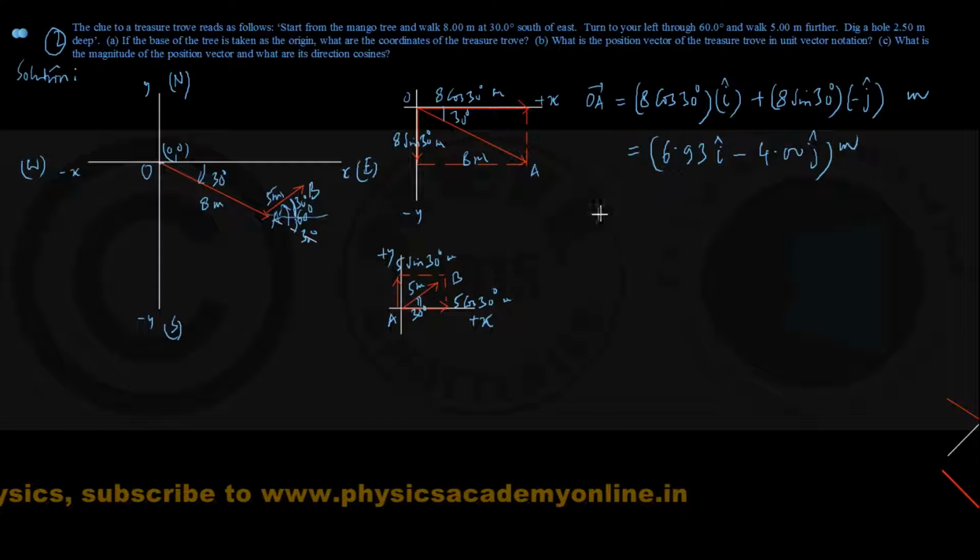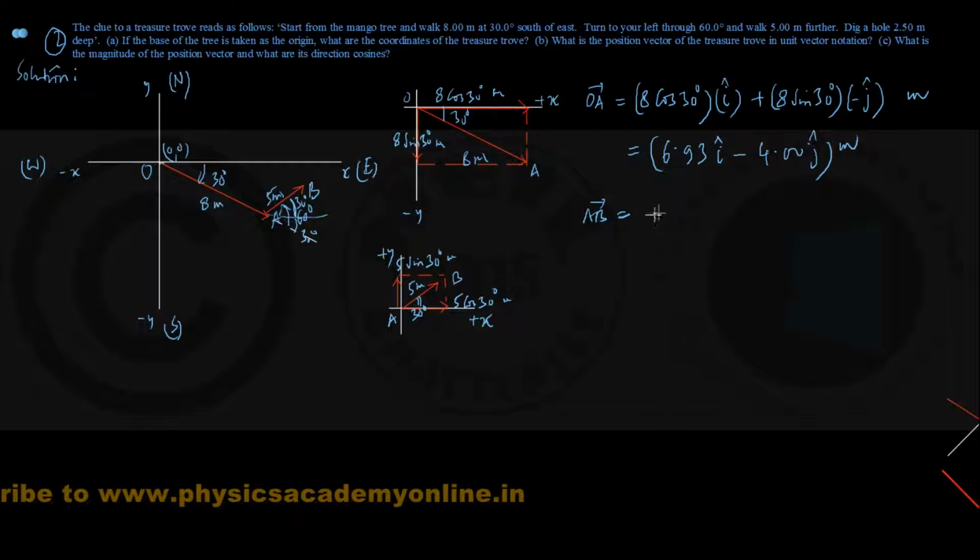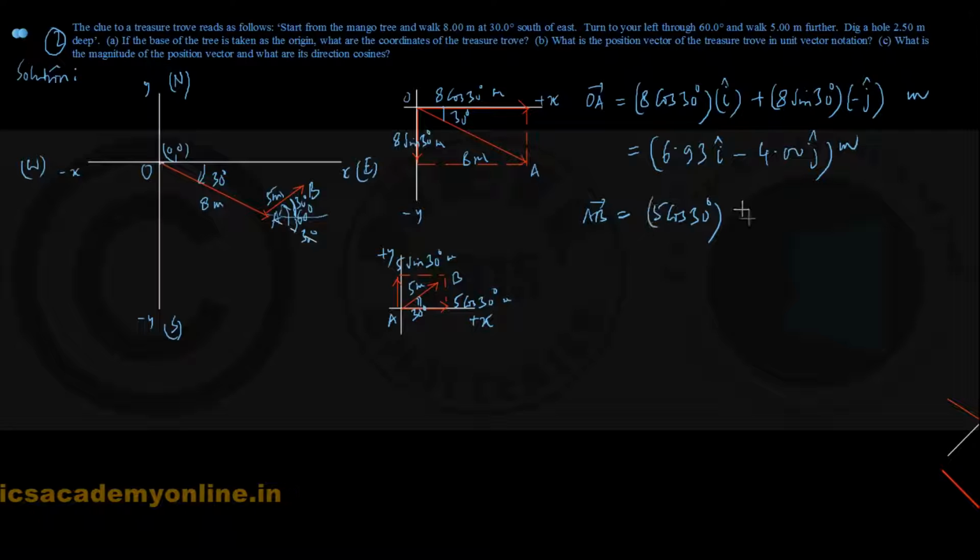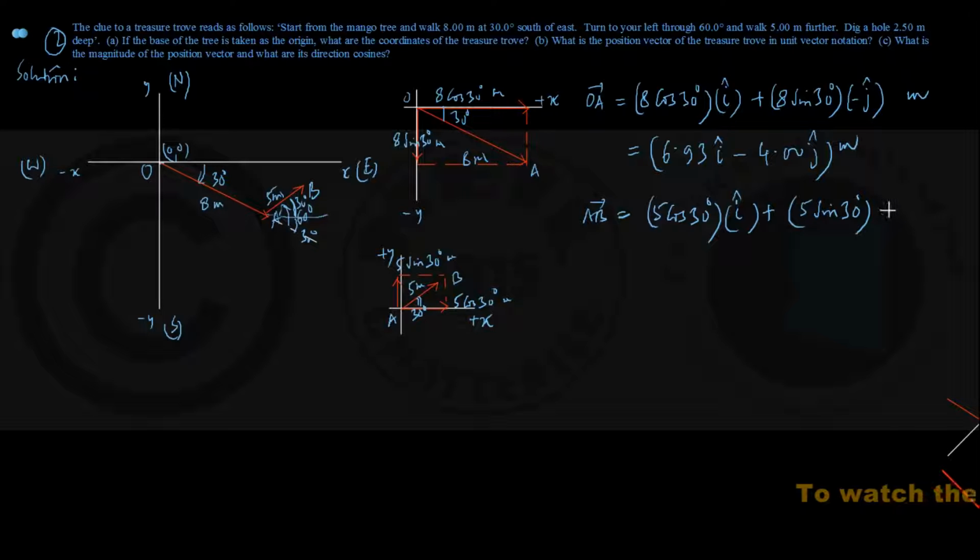The AB displacement comes out to be the x component, 5 cos 30 degrees, in the plus x direction with unit vector i cap, plus the y component of magnitude 5 sine 30 degrees, and in the positive y direction the unit vector is plus j cap only, isn't it?